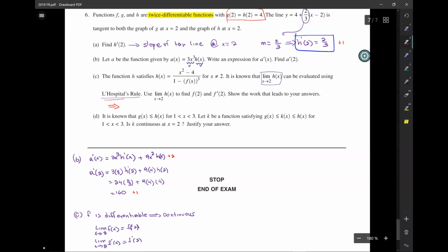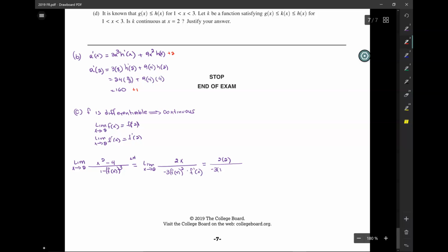This means that this is 0 over 0, so 1 minus f of x cubed must be equal to 0. That means f of x is equal to 1. So from that, we take that 1 and put it here, times f prime of 2.